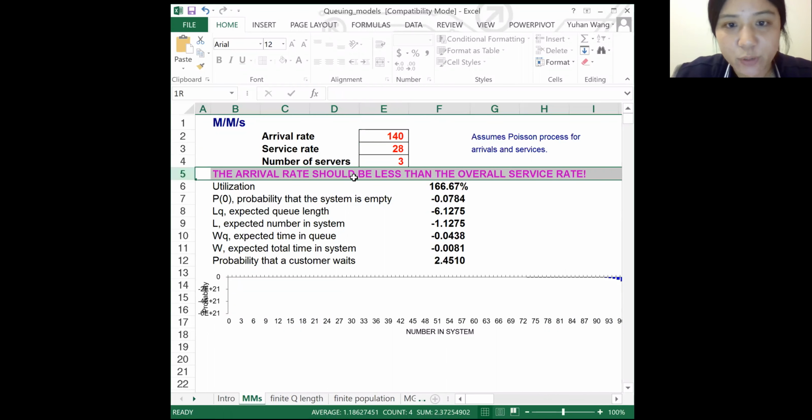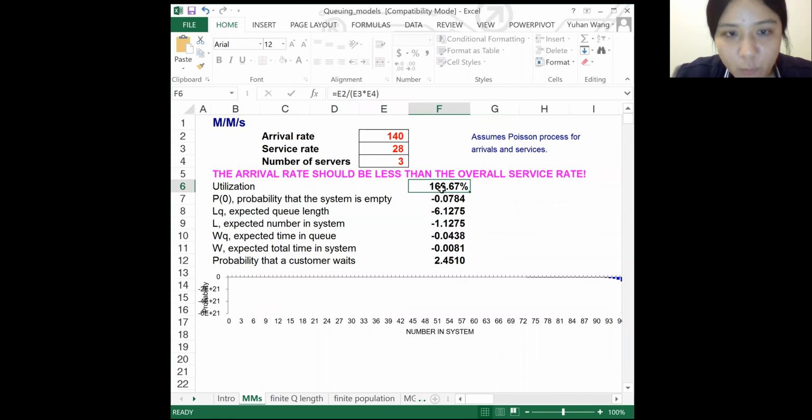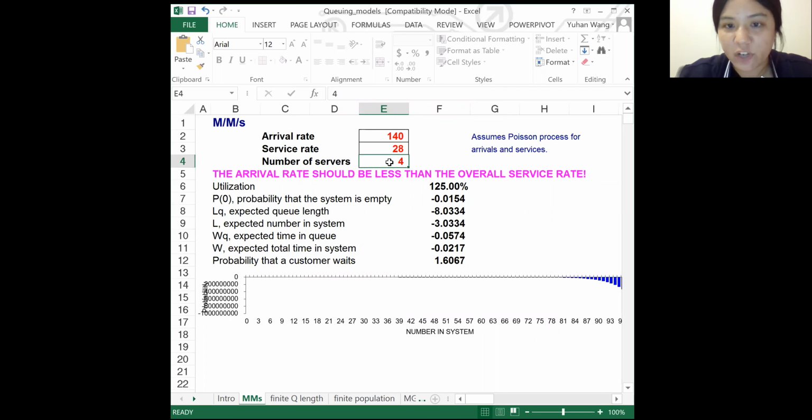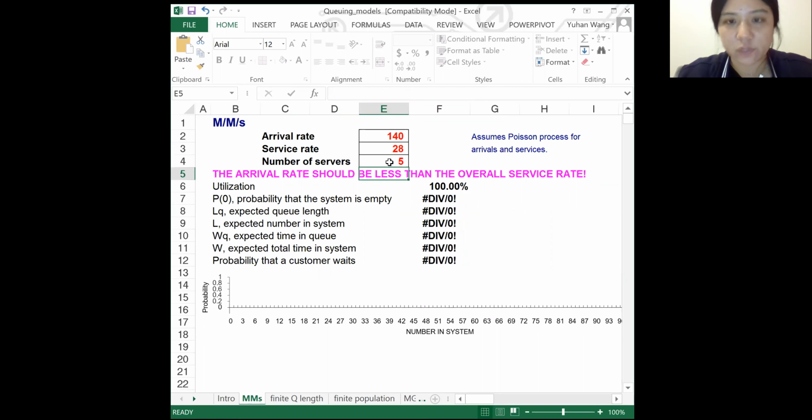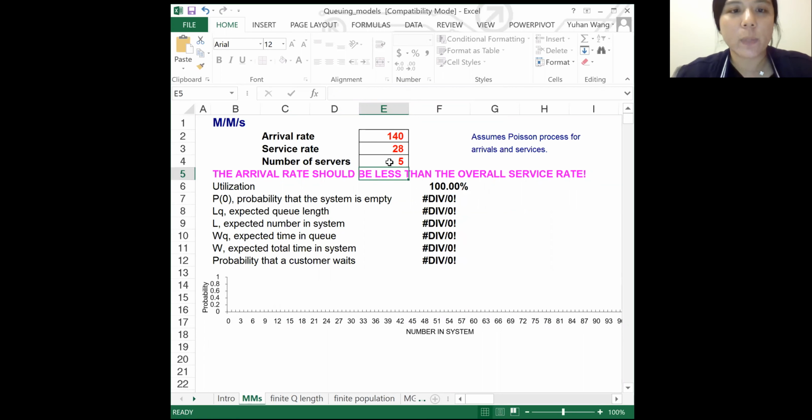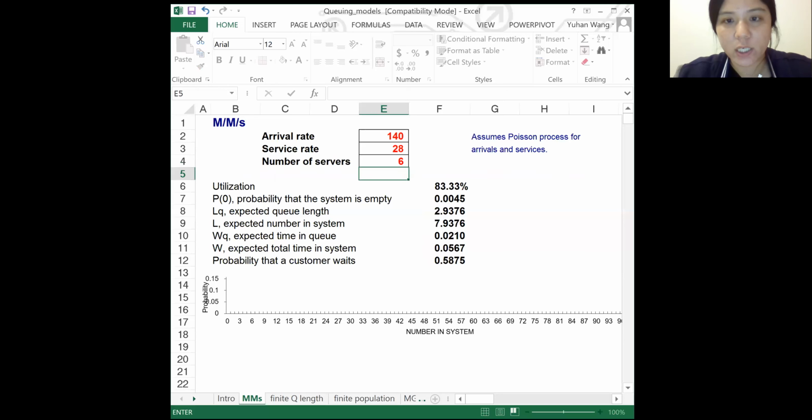The arrival rate should be less than the overall service rate. We found that utilization is way more than 100%. Since the utilization should be less than 100%, we can add it to 4. It's 125%, no way. 5, then it's 100%, but we cannot have a utilization equal to 100%. Then we increase some more.